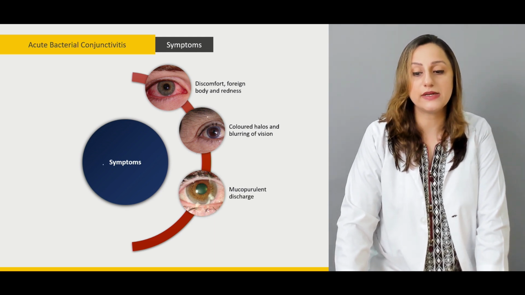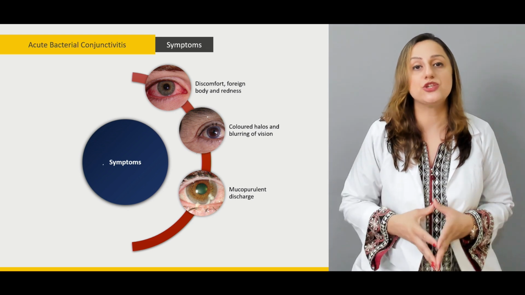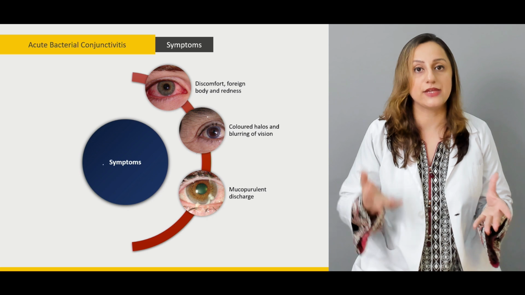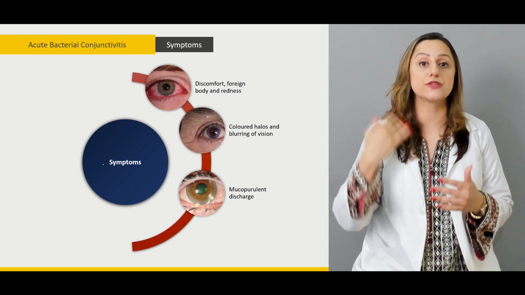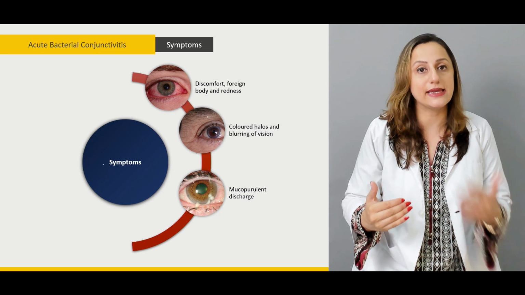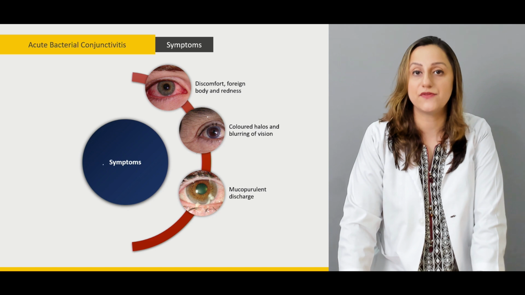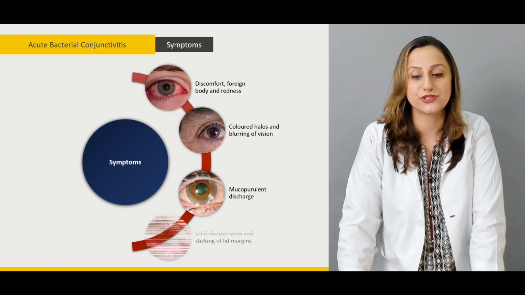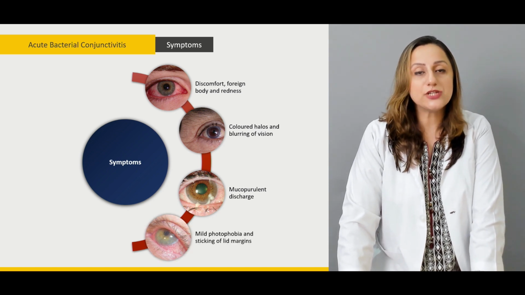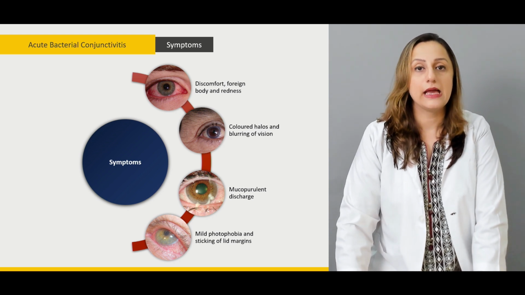And then we'd have the mucopurulent discharge. This is the main feature of bacterial conjunctivitis, the presence of this mucopurulent discharge at the limbus and at the canthi, and that is basically the most important evidence for the presence of bacterial conjunctivitis. Then the patient would also complain of mild photophobia.